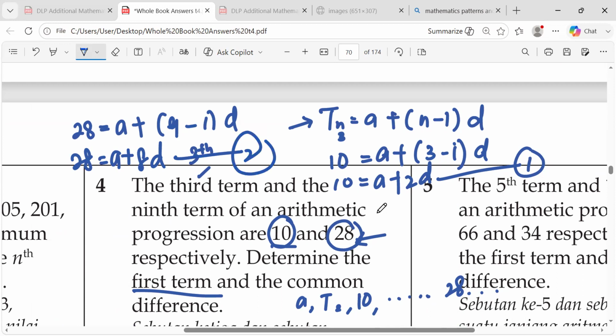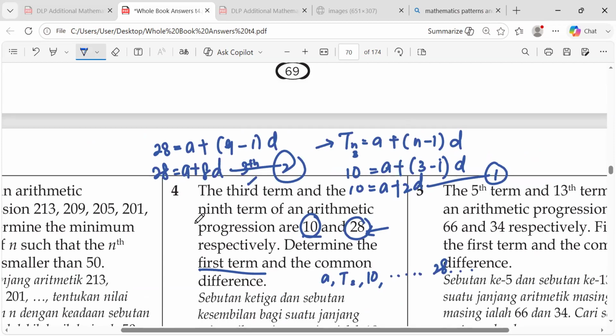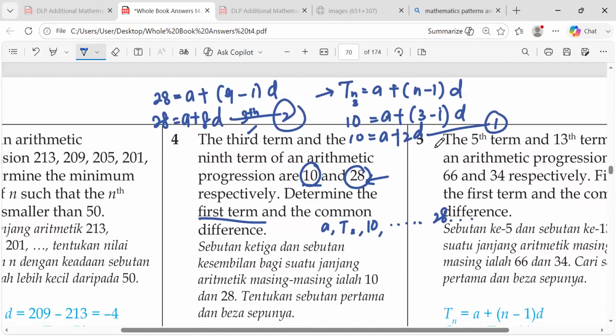So by linear equations, find out the linear equations. How to find out? Actually, I prefer substitution, but it's up to you. Usually you will do the elimination. So the first, this is the second one. I use the second one minus the first one.